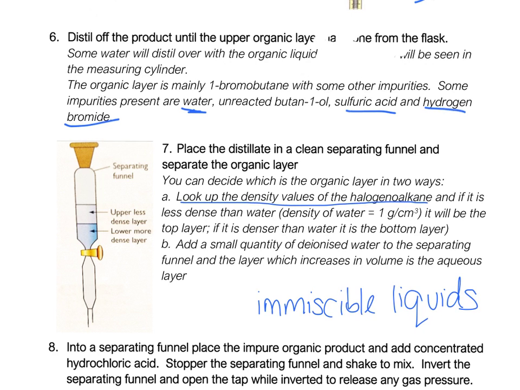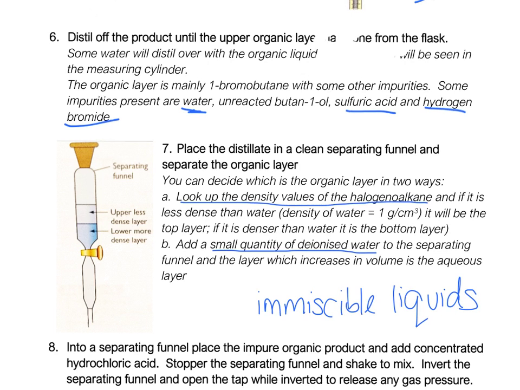But if its density value is greater than 1, then it is more dense than water, and so it sits on the bottom. The second way, which is in practice what scientists would do just to double check, is to add a small quantity of deionized water to the separating funnel and look to see which layer gets bigger.